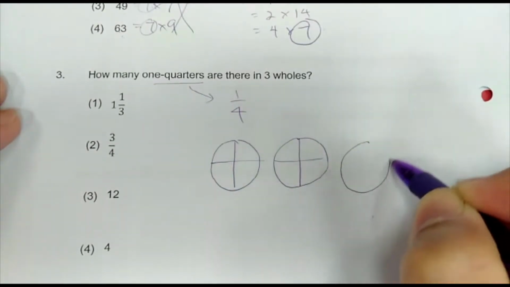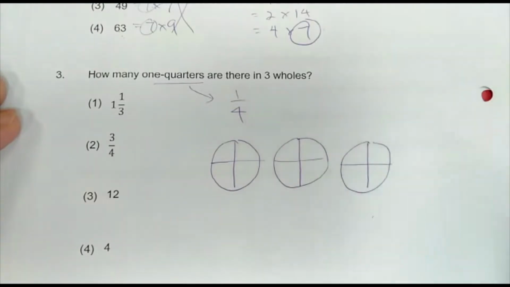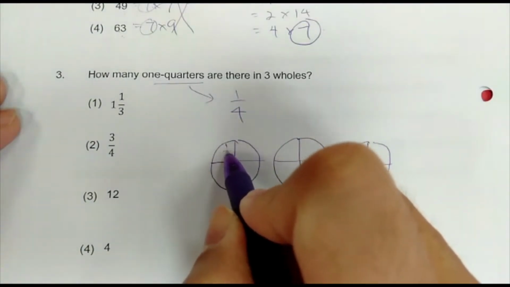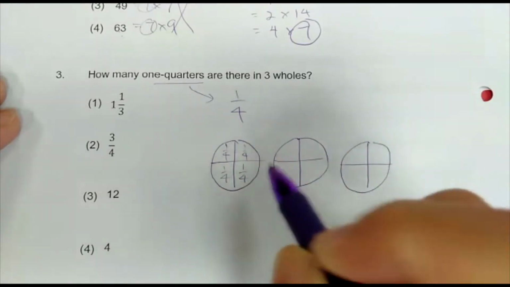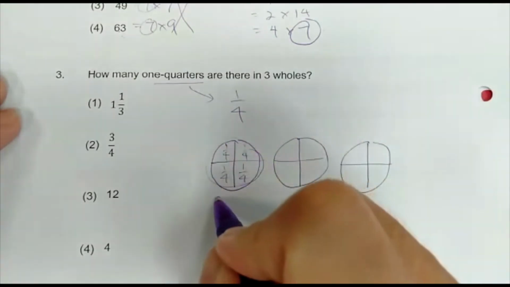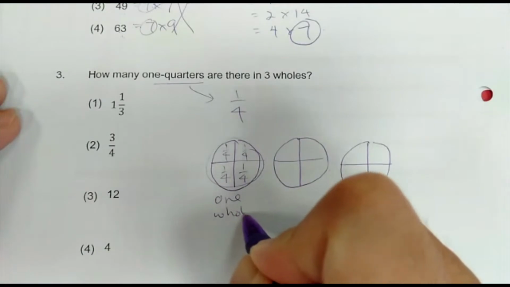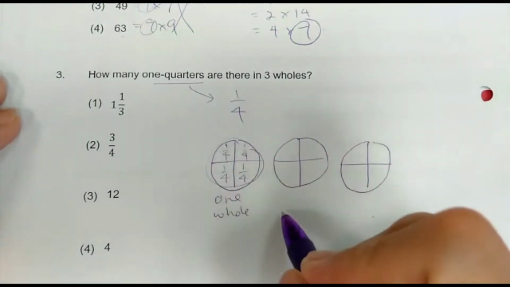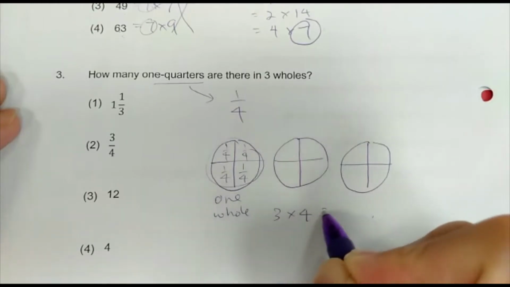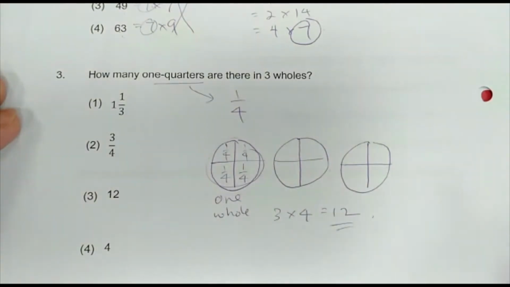In the 3rd whole, I can divide into another 4 equal parts. So this is 1 quarter, 1 quarter, 1 quarter, 1 quarter. In 1 whole, there are 4 quarters. So in 3 wholes, there are 3 times 4 equals 12 quarters.